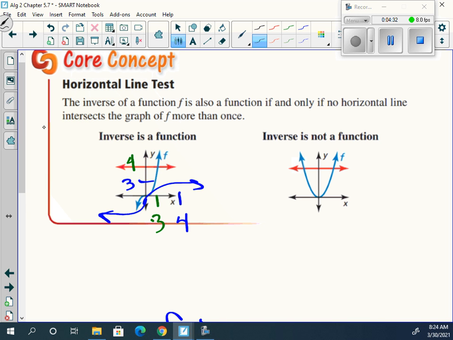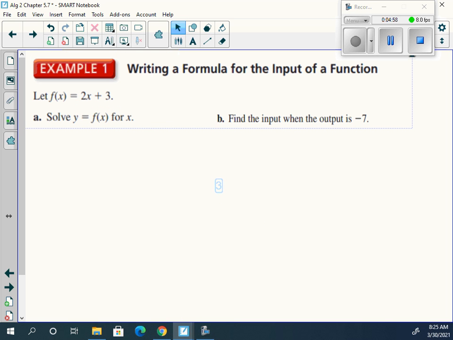Does that kind of make sense how that works? And that's kind of where this is neat and interesting, is the fact that if the original function doesn't pass the horizontal line test, its inverse won't be a function, because the inverse would not pass the actual vertical line test. Kind of see where that's coming. That's why this is nice. That's why this is kind of neat, that it does work this way.